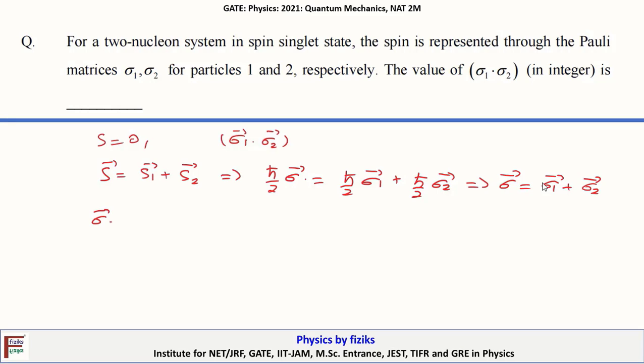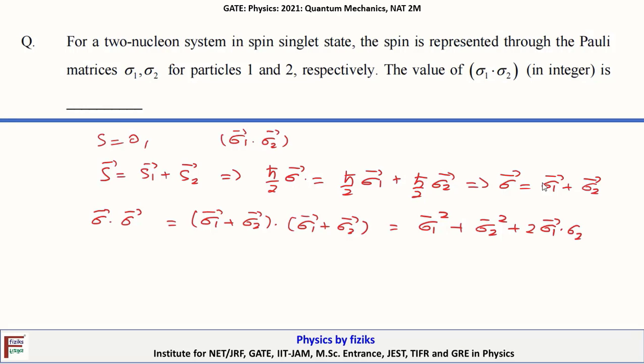Now, if we take the dot product of sigma with sigma, we have sigma 1 plus sigma 2 dot sigma 1 plus sigma 2, which would give us sigma 1 square plus sigma 2 square plus 2 sigma 1 dot sigma 2. So the value of sigma 1 dot sigma 2 would be equal to 1/2 of sigma square minus sigma 1 square minus sigma 2 square.